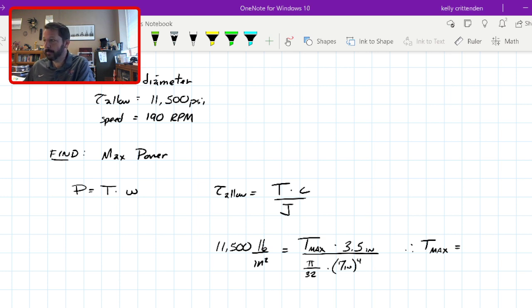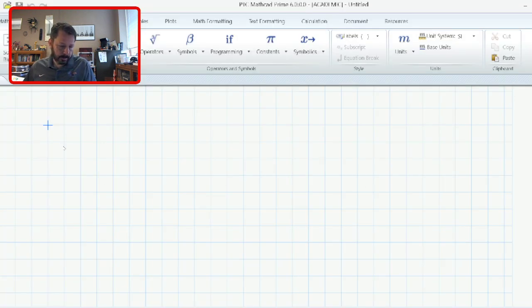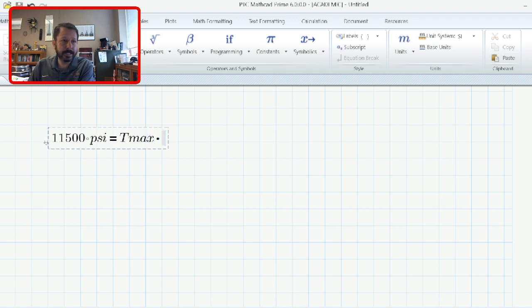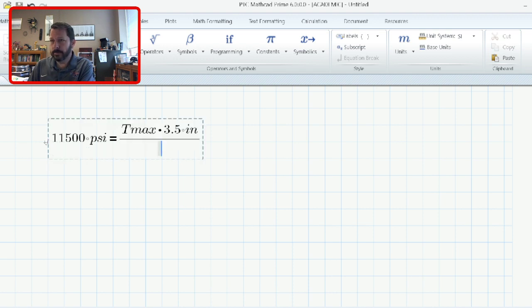Where did I put MathCAD? There it is. 11,500, that was PSI. Control equals, T max times C, which is 3.5 inches, over J, which is pi over 32 times outer diameter, 7 inches to the 4th.